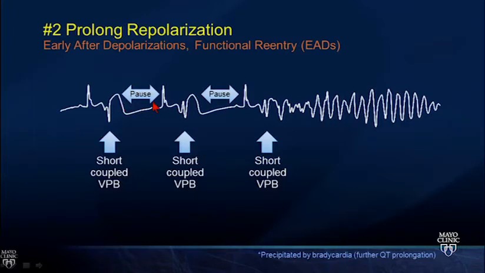The relative bradycardia prolongs the QT interval, and if you have an EAD, that can manifest as a PVC on the ECG, and again reset the sinus node, long pause. And now this time you may have enough QT prolongation to have a series of EADs resulting in torsades.